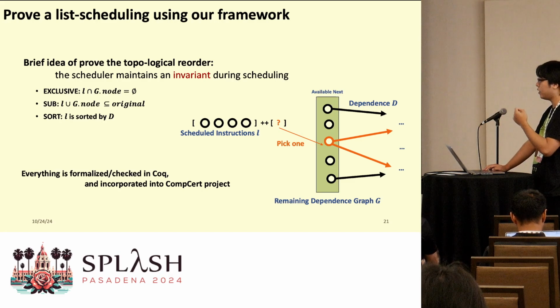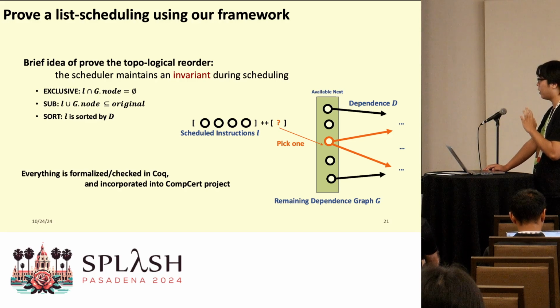And the already scheduled list L always keeps being topologically sorted during each step. But the concrete formalization is slightly more difficult than this slide. But everything is formalized and checked in code.